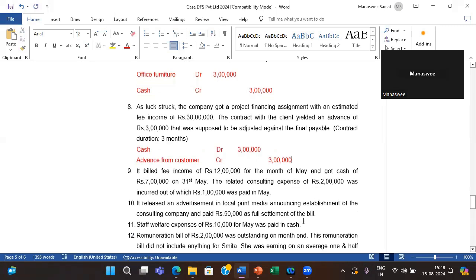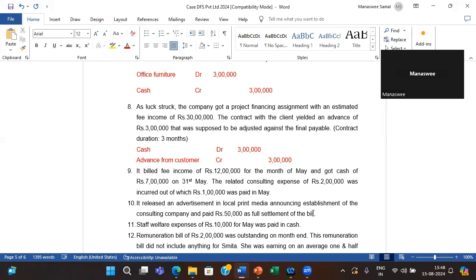It billed fee income of rupees 12 lakh for the month of May and got cash of 7 lakh on 31st May. So for the first time you earn some income, right? You can call it fee income, consulting fees, or consulting charges.